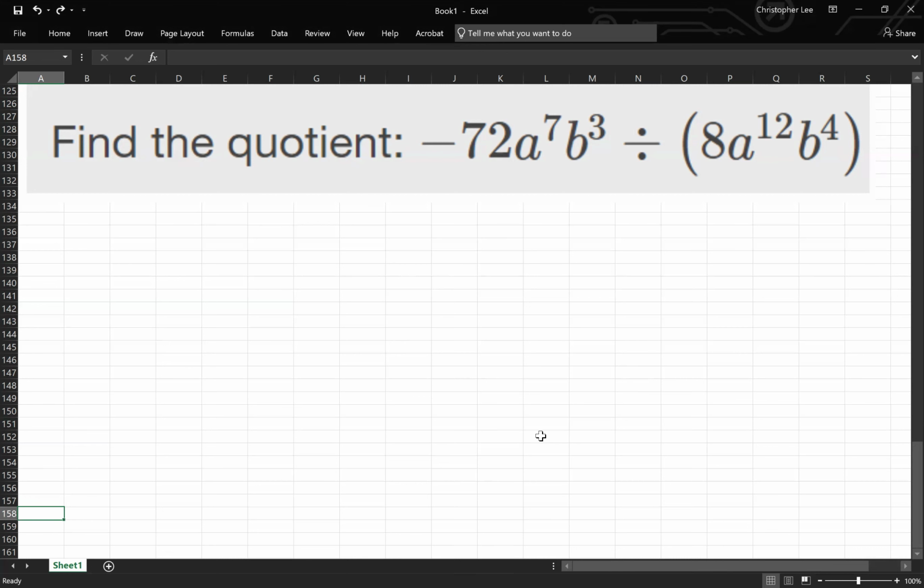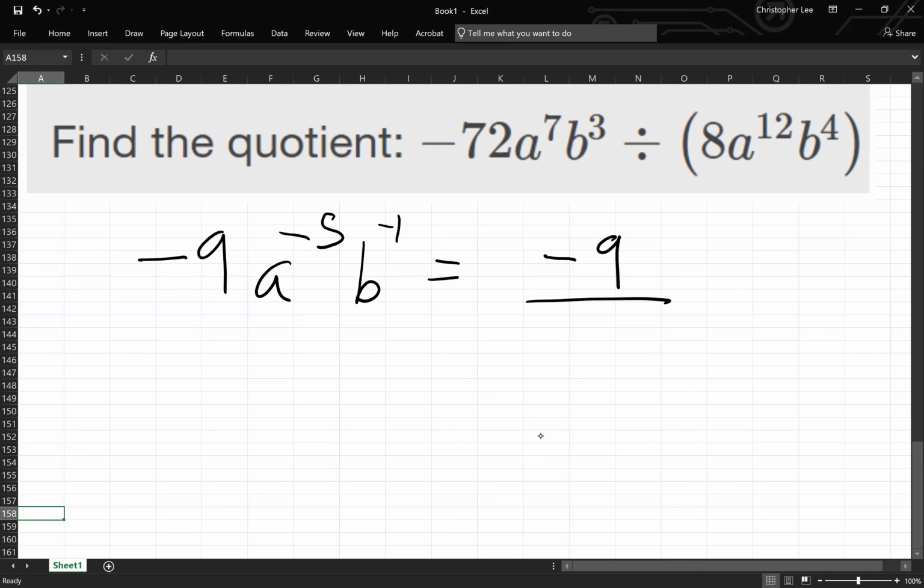All right. So -9 A to the what? Nope. Subtract division. All right. -5. And then B to the what? -1, right? And then it's illegal for me to have negative exponents. This becomes -9 over A to the 5th B. All right, and that's it.